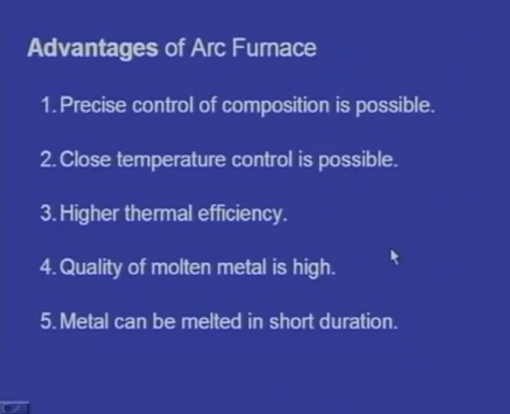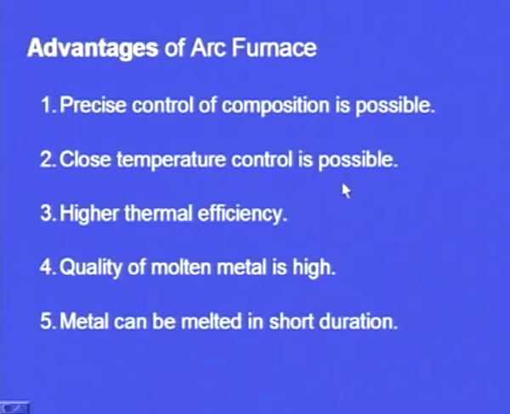Advantages of arc furnace. Precise control of composition is possible. We have seen that in the case of the cupola furnace, precise control of composition is difficult, but here precise control of composition is possible. Again, in the case of the cupola furnace, we have seen that close temperature control is very difficult, but here close temperature control is easy, and this furnace offers higher thermal efficiency, and here the quality of the molten metal is high.